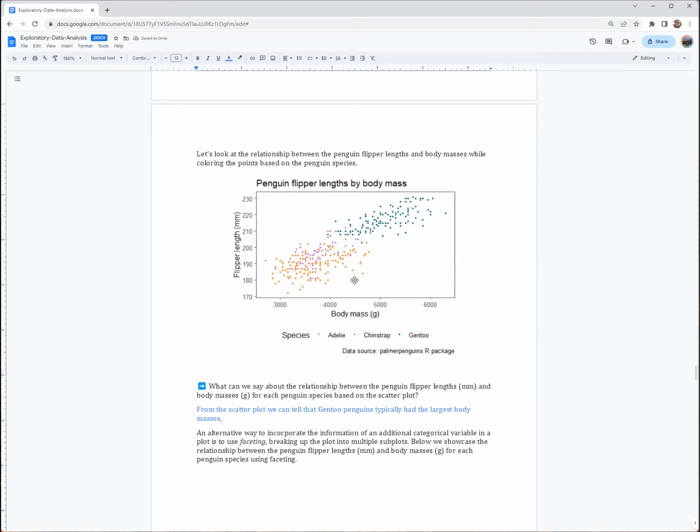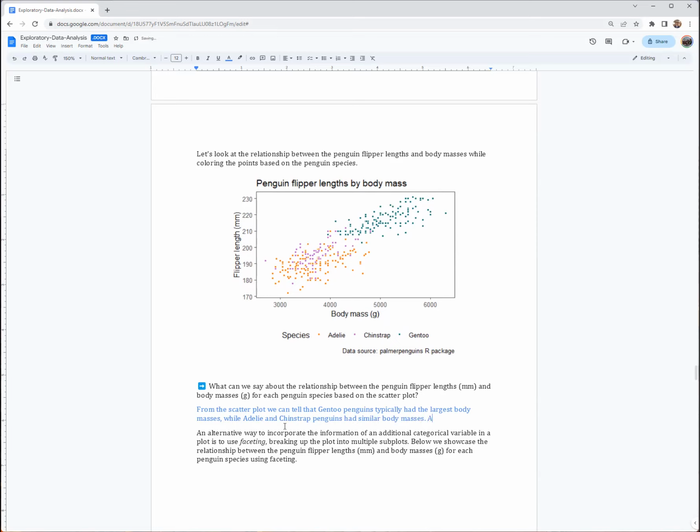In terms of body mass for the Adelie and chinstrap, in terms of the x-axis here, they're pretty overlapping. So Adelie and chinstrap penguins had similar body masses.